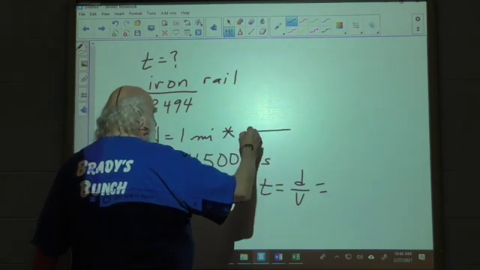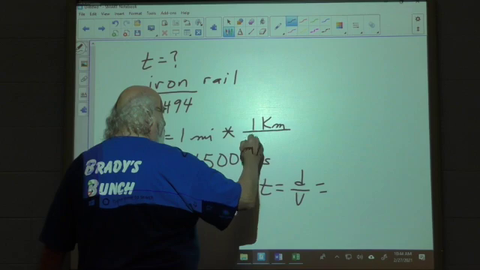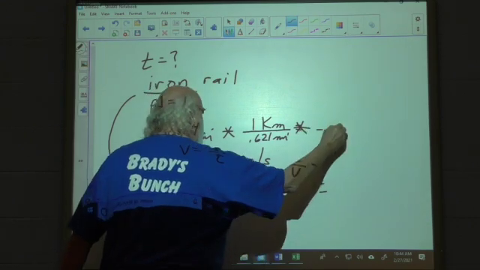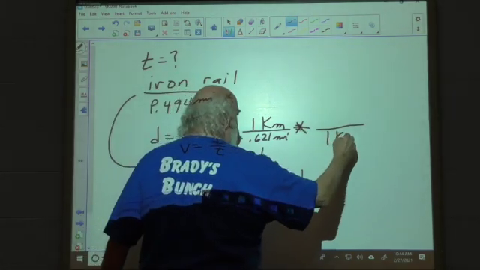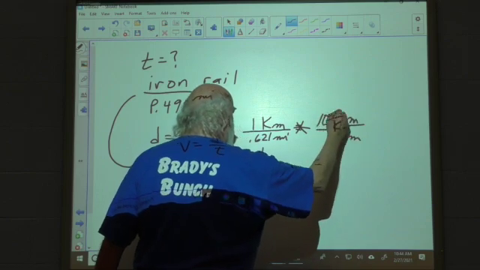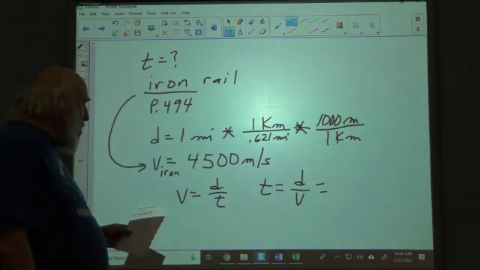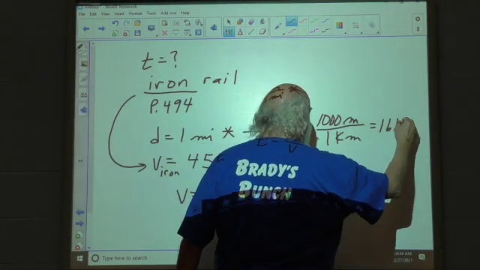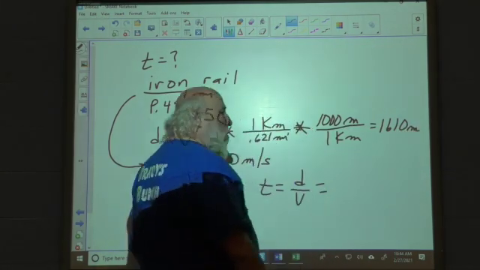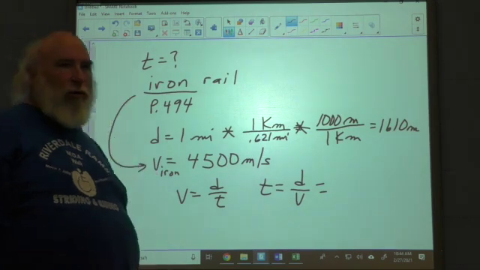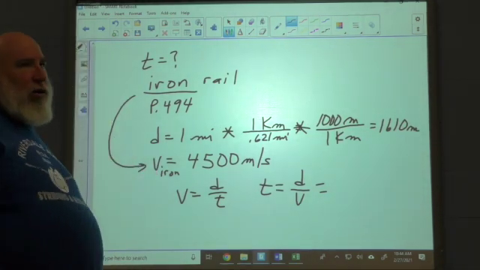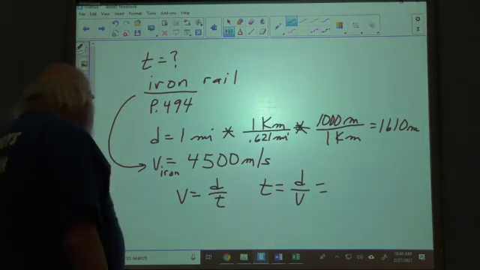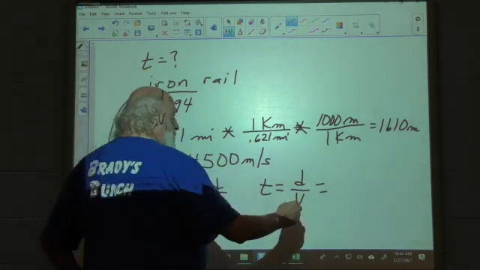So we're told that 1 kilometer is 0.621 miles, and then to change 1 kilometer to meters, there's 1,000 meters in a kilometer. And when we work that out, that becomes 1,610 meters. Which makes sense. And those of you who run track know that a mile is considered 4 laps around the track, which is 1,600 meters. So it's actually 10 meters past that point is a true mile. But regardless, that's our distance.